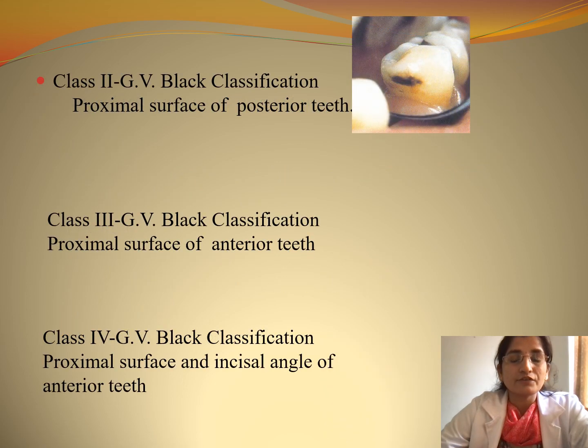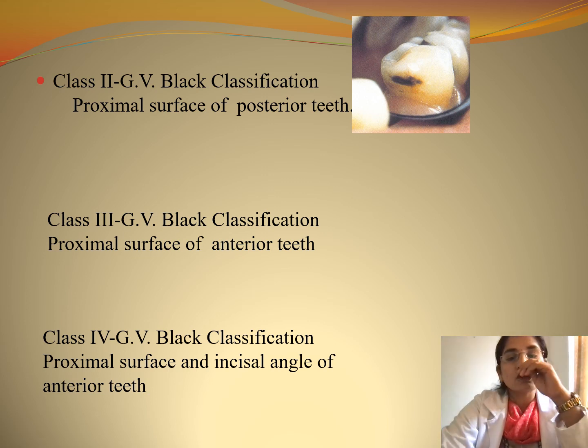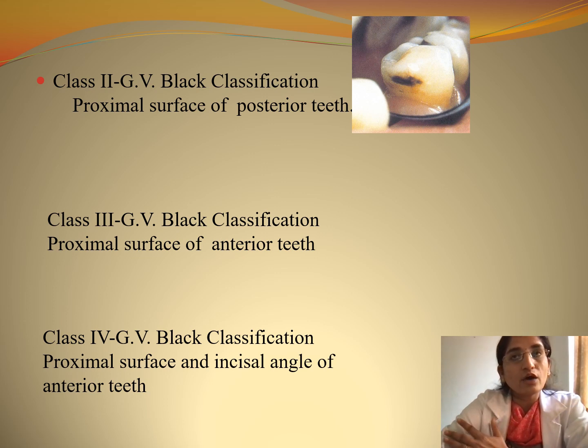Class 2 involves proximal surfaces of the posterior teeth. Class 3 is proximal surfaces of anterior teeth without involving the incisal edge, whereas class 4 is proximal surfaces of the anterior teeth with involvement of the incisal angle or edge.